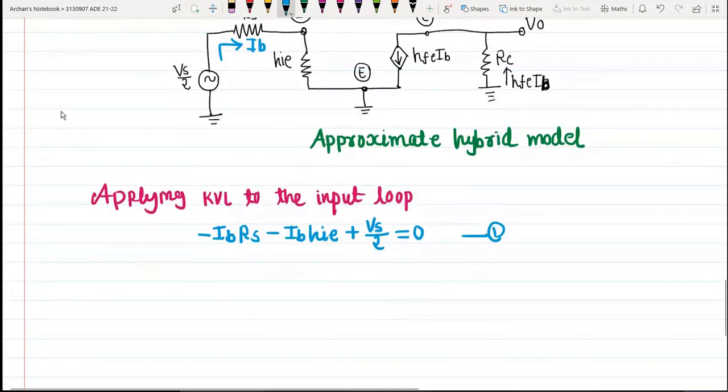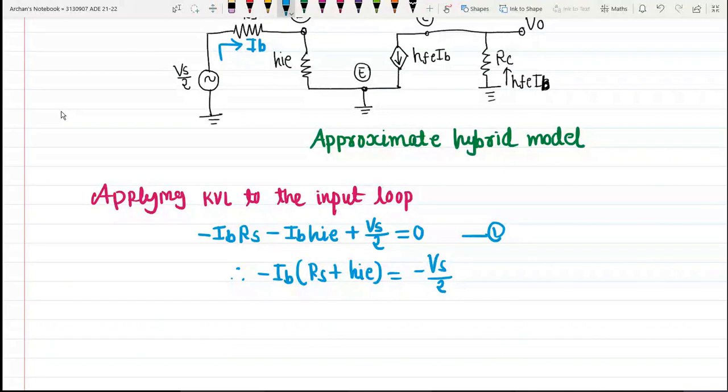Right now, let us solve this equation for finding out the value of base current IB. So we will take IB common out of the first two terms, that is RS plus HIE, and it is equal to minus Vs by 2.